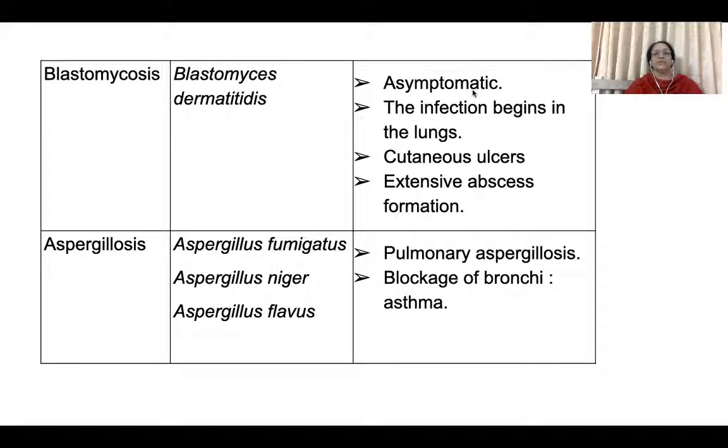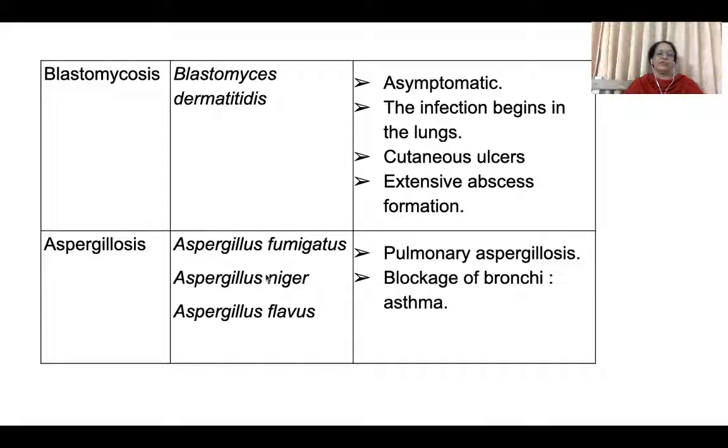It is a symptomatic type of infection which begins in the lungs, and here cutaneous ulcer is a characteristic symptom of blastomycosis. Extensive abscesses are formed on the body. Here involvement of the skin is a unique characteristic.